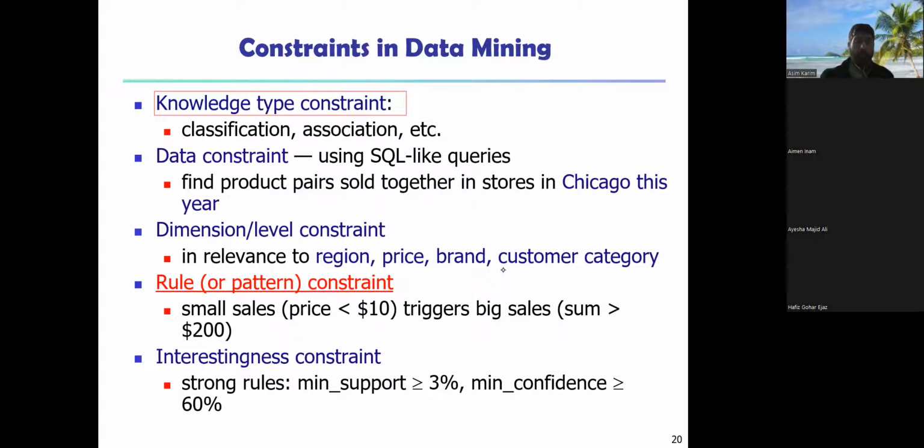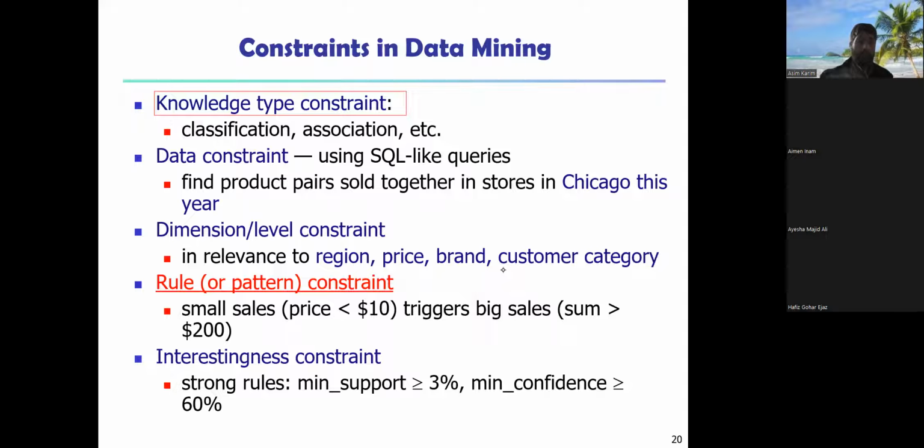So you can think of constraints as even knowledge type constraints. So even before you start a data mining task, you decide which task to apply. For example, you have a lot of data and you have some hypothesis of pieces of knowledge that you would like to extract. You will first decide, okay, should I apply a classification model, or should I do pattern mining, or should I do clustering, or should I do outlier analysis?